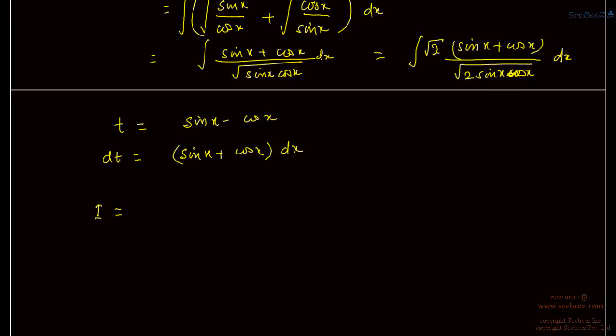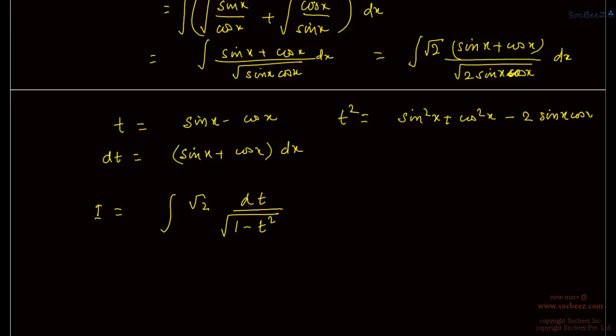Now we have the transformed integral as root 2 dt upon root under 1 minus t square, because if t is sin x minus cos x, then t square is sin square x plus cos square x minus 2 sin x cos x. So this is 1 minus 2 sin x cos x, so we can write 2 sin x cos x as 1 minus t square.